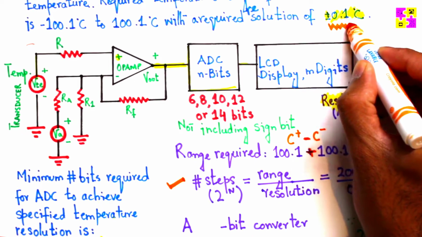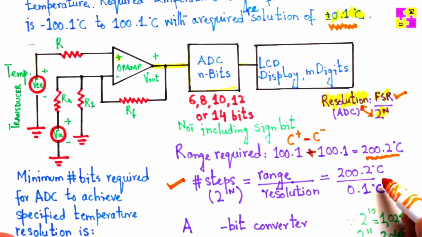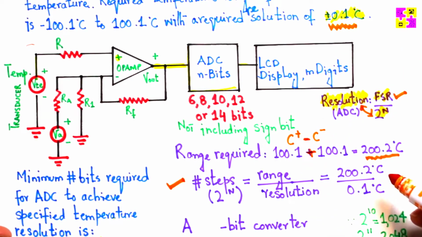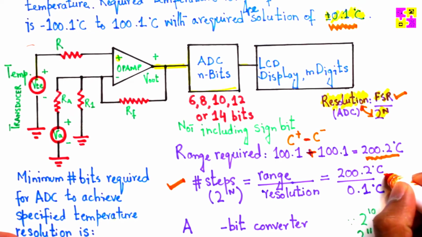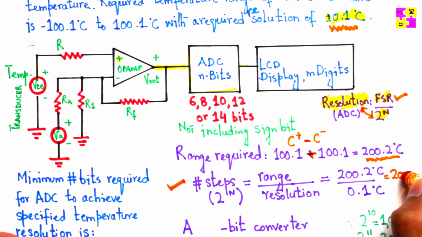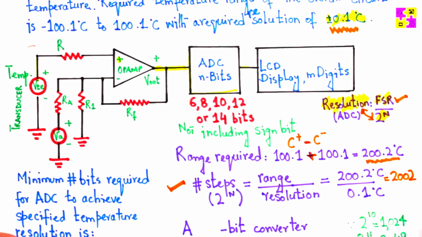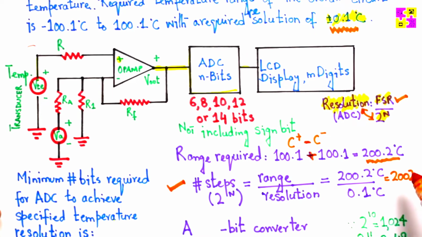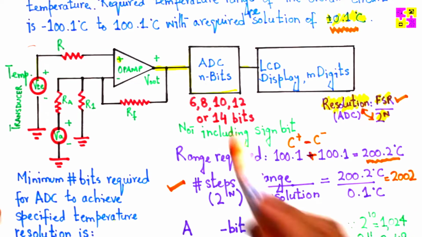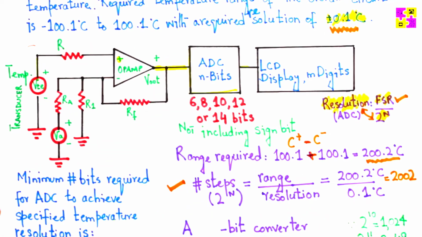Resolution is given as 0.1 degree centigrade. If you do the math here, you will get 2002 steps. So we basically need 2002 steps to cover this range at a resolution of 0.1 degree centigrade.